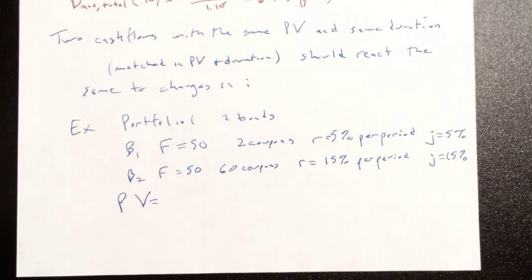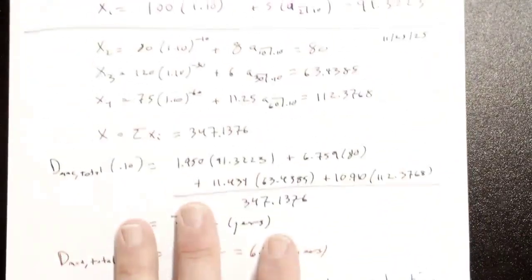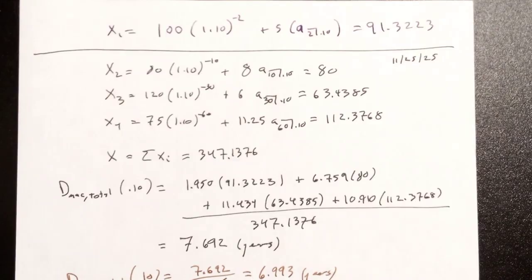There's a long way and a short way to do this. The long way is to calculate both present values like this and then add them up.